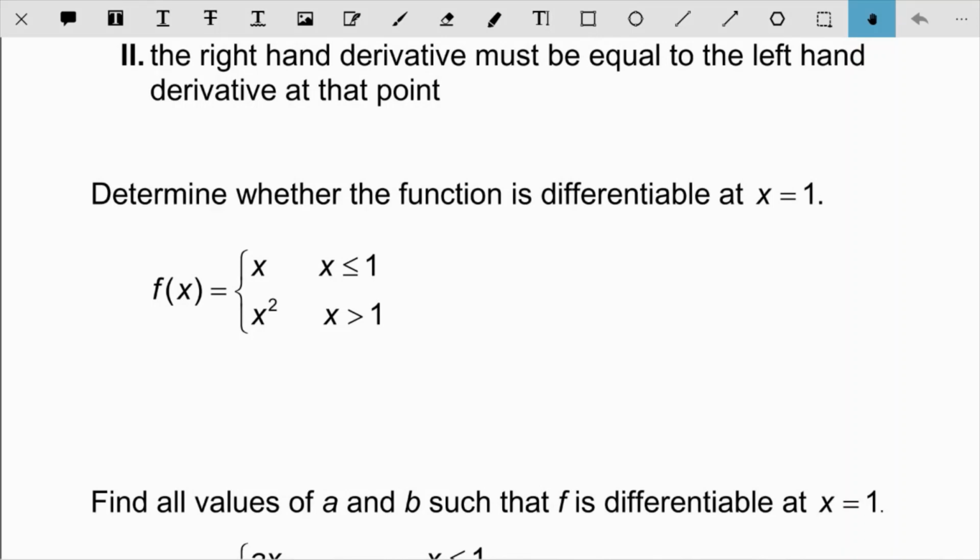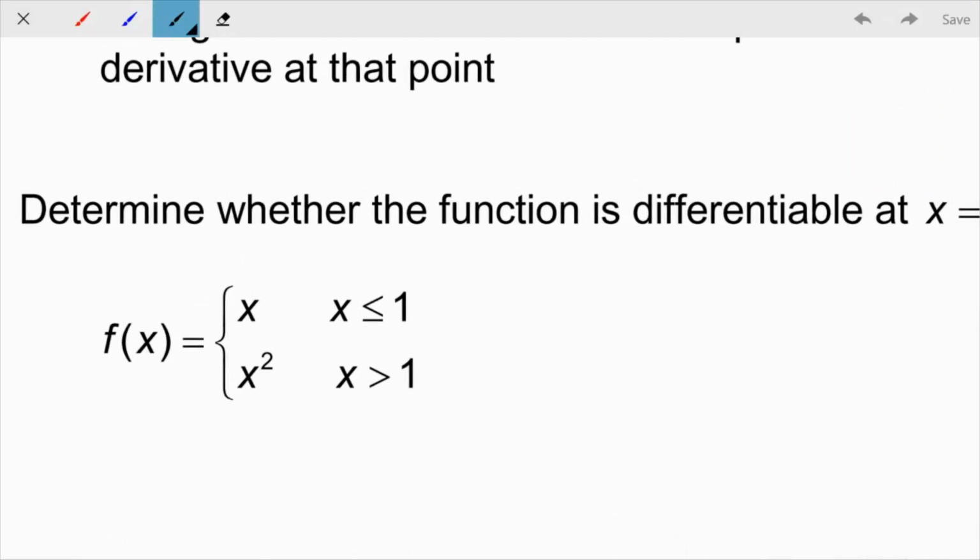So I'm going to go through those two steps. The first thing we check is continuity.